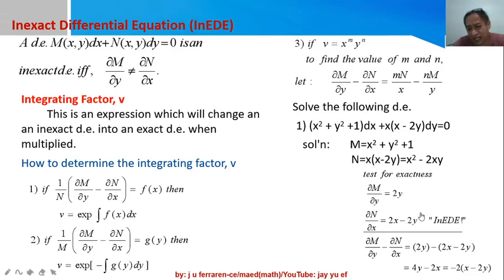Thus, I can conclude that these two partial derivatives lead us to the conclusion that the DE given is inexact. If that's the case, then I can subtract the results of the two partial derivatives. We have the partial derivative of M with respect to y subtracted with the partial derivative of N with respect to x, so I have 2y minus the quantity 2x minus 2y.